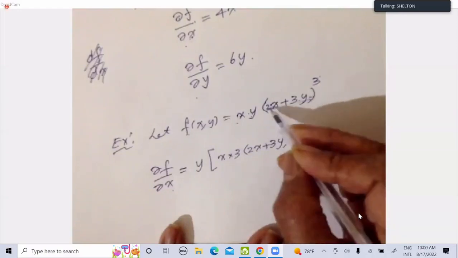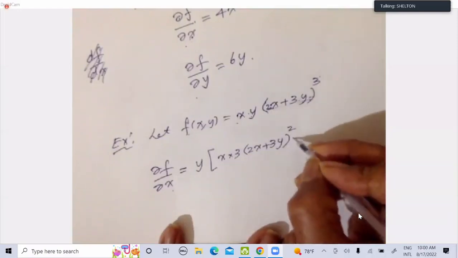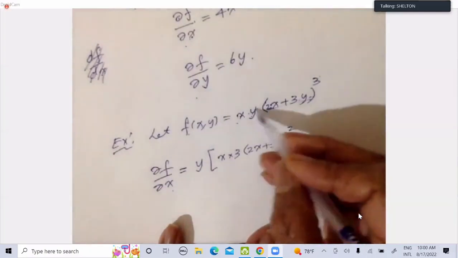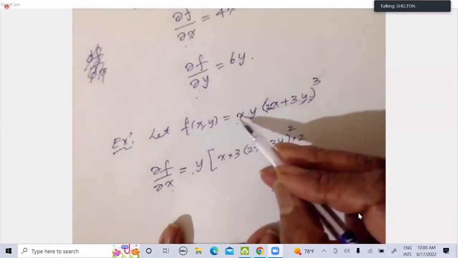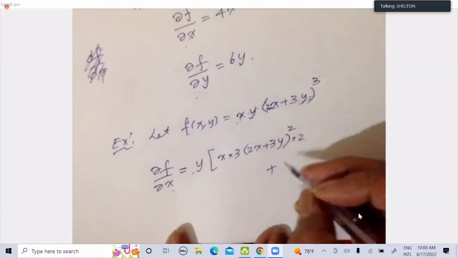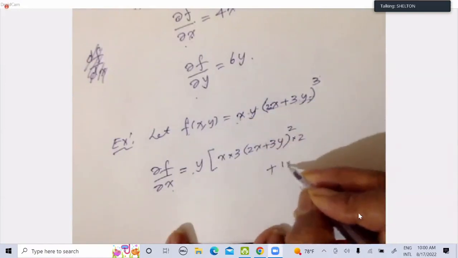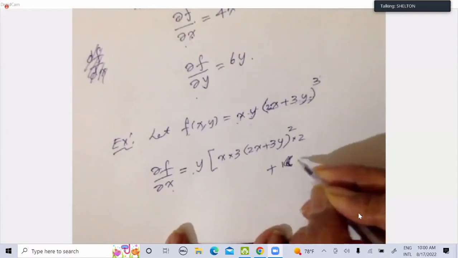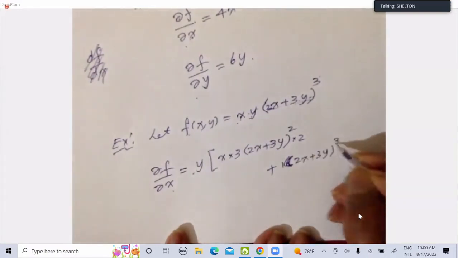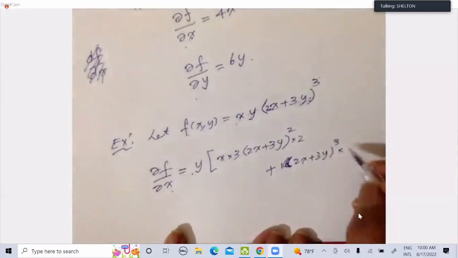Then plus the derivative of x, which is 1, times the second function, (2x plus 3y) cubed. Product rule.